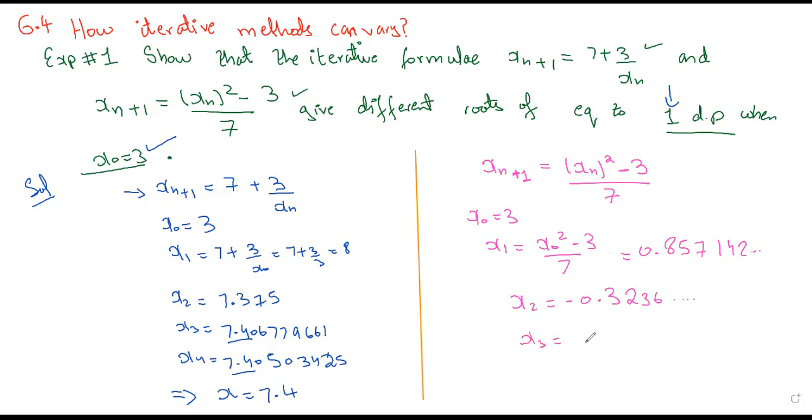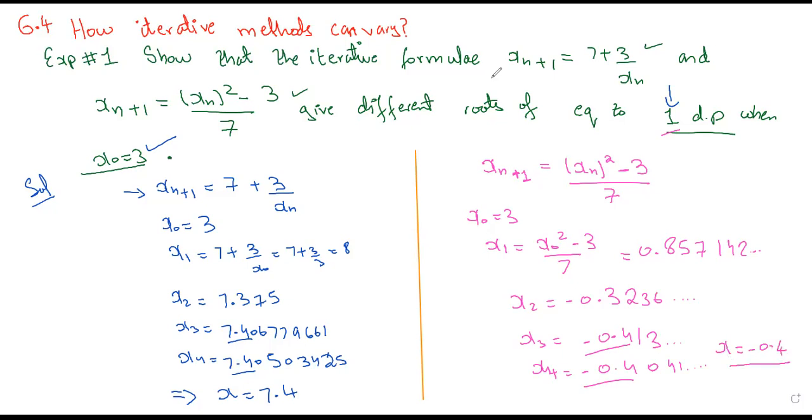All right, so x3 would be 0.4113, and x4 is minus 0.4041, and so on. So at one decimal place, we have started getting the same number. So x equals minus 0.4 is your root.